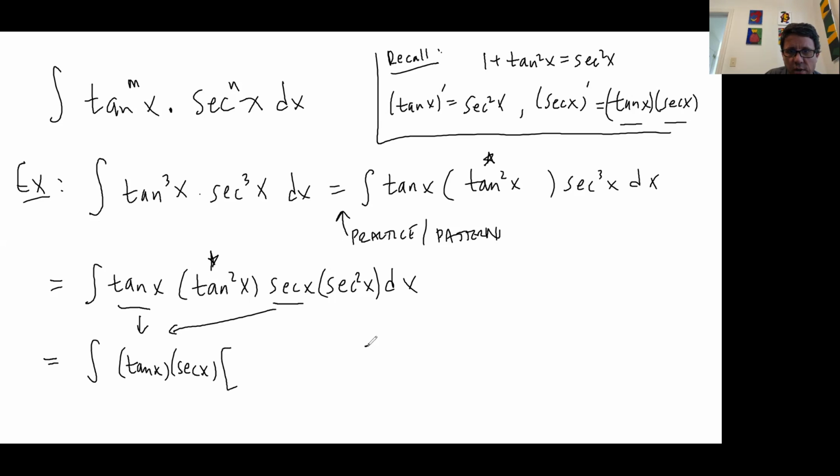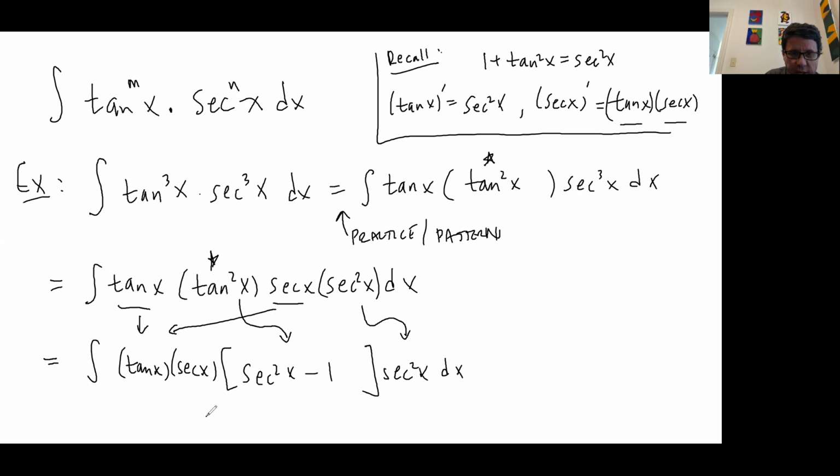The starred thing: if I solve this top one for tangent squared, then I can move the 1 to the other side, and that will be secant squared minus 1. So that's the star part. And then the secant, I just leave by itself, secant squared. So this is definitely where the pattern recognition comes in: I've got secant, and I've got the derivative of secant right in front.